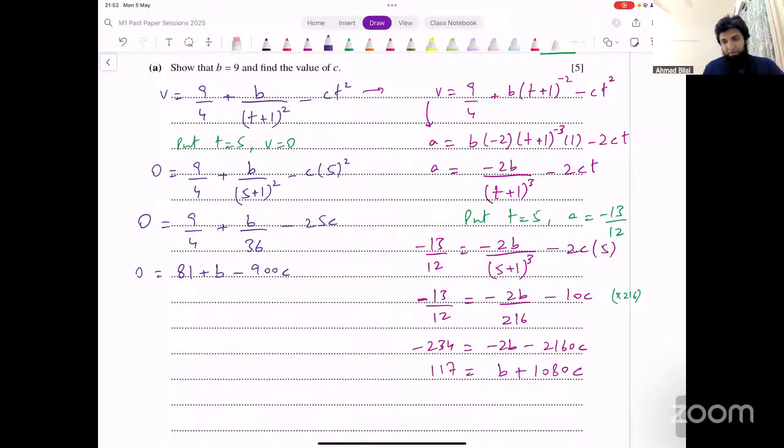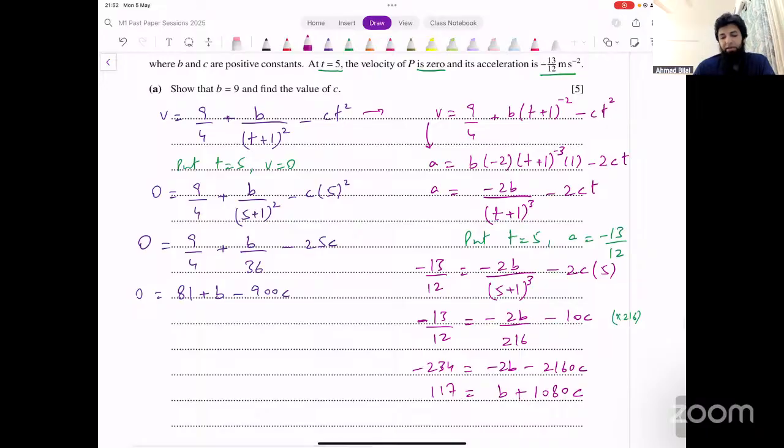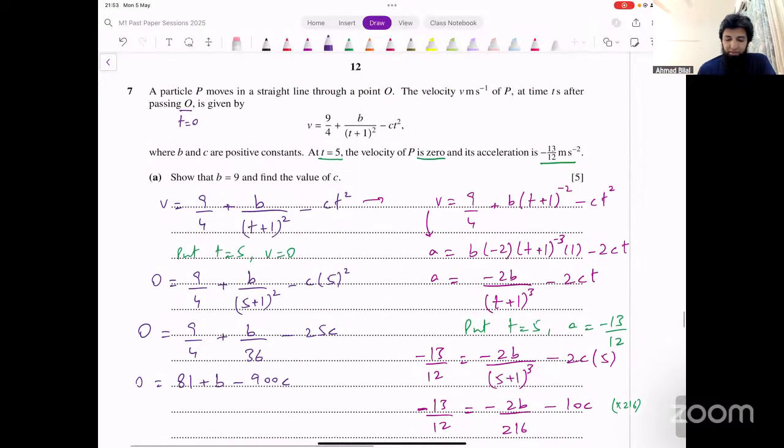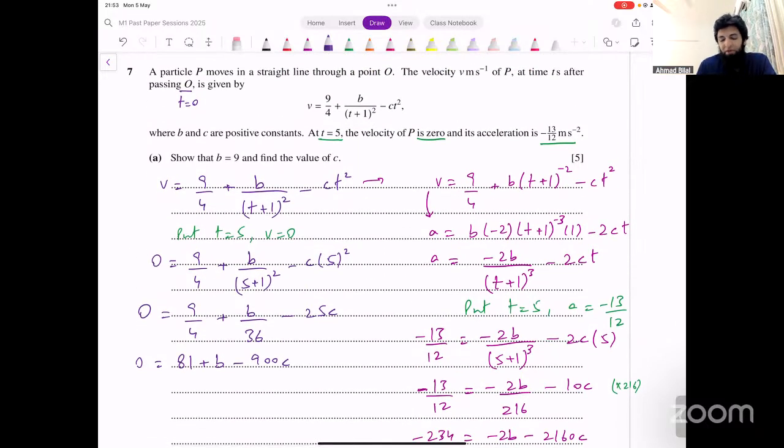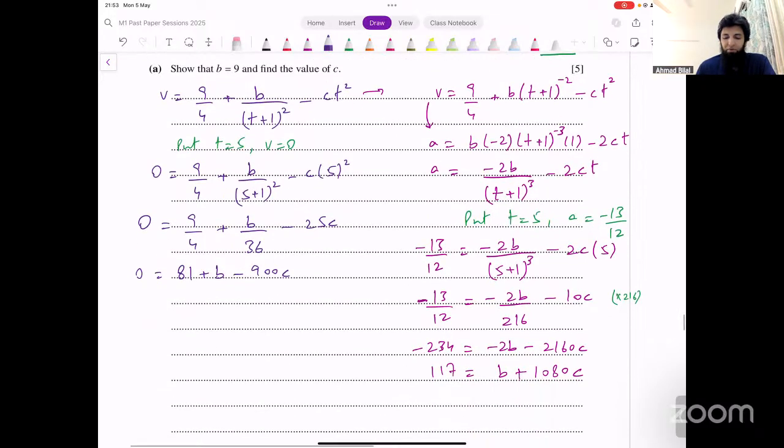In this case, since they're asking you to show that b is equal to 9, you could think of doing it like this as well, although it's safer to find it directly. And you only do what I'm about to say when they ask you for verifying something. But in this case as well, if it's at the end of the paper and you don't have enough time, you could think of doing something like this as well.